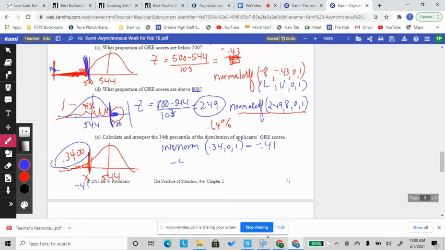Now, once you have that, that is your z, x minus 544 over 103, and you should get a value of 501.52, so approximately 502. GREs, or like SATs, they don't come in decimals. So GRE is a graduate exam to get into grad school.